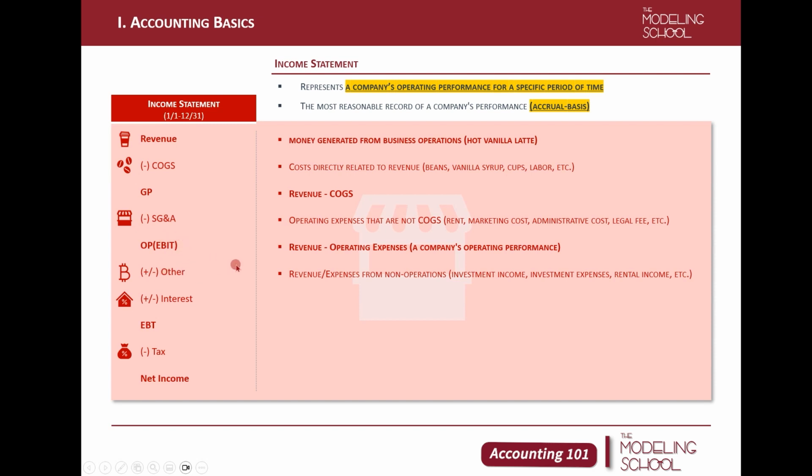It's also called non-operating income, non-operating expenses, but it should be written down here.